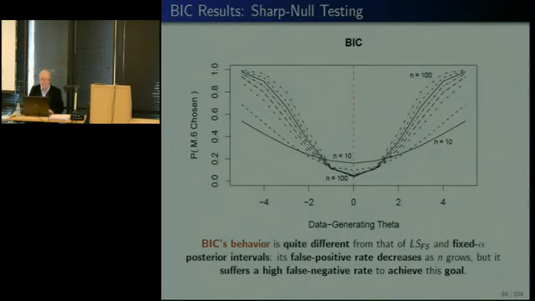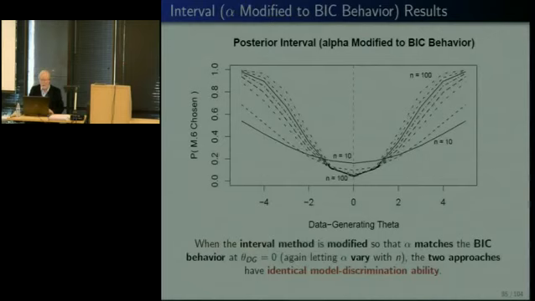You have to think about the trade-off between false positives and false negatives. And interestingly, when I modify the posterior interval approach to the BIC behavior with respect to letting alpha vary with n, I get the same result again, that the two approaches are processing the information in identical ways. They just have different implicit structures built in about trade-offs between false positives and false negatives.